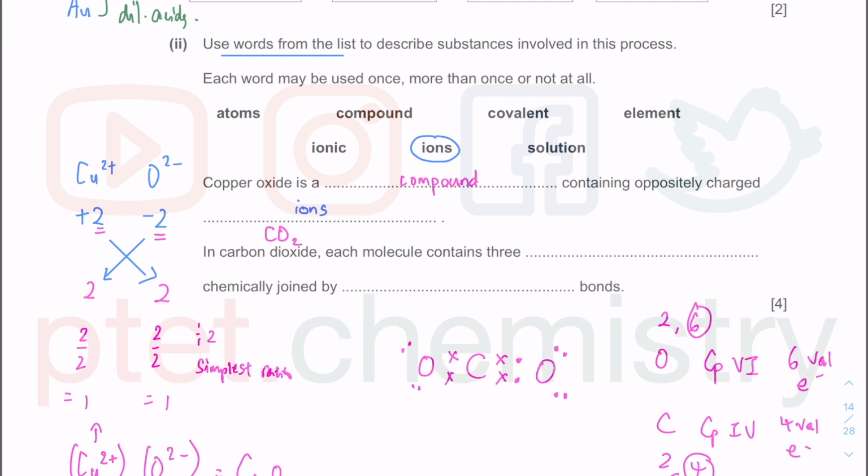I've made a mistake here, so that's not correct because I still need my 2 dots to give me my double covalent bond there and a double covalent bond there. This is called carbon dioxide. Carbon forms 4 covalent bonds, oxygen forms 2 covalent bonds, like that. So in one molecule of carbon dioxide, you have 3 atoms joined by covalent bonds. So this has to be covalent bond.